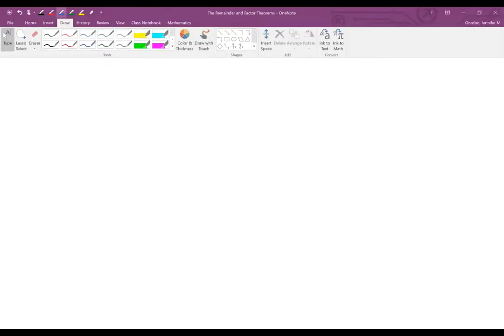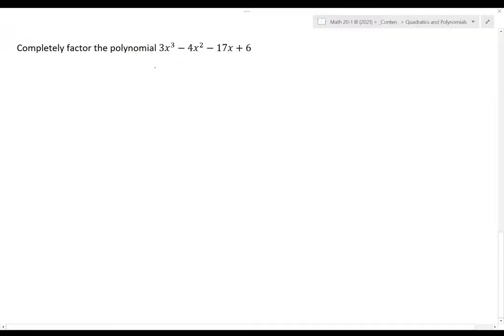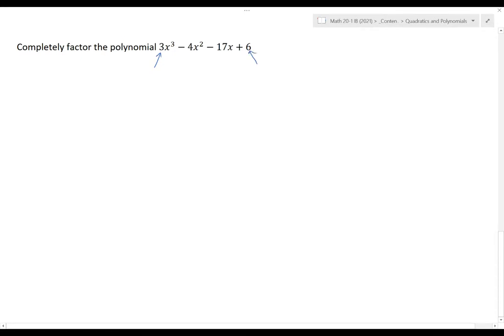The factor theorem says that if I do have a factor in the form ax minus b, that a has to be a factor of 3 and b has to be a factor of 6. Now, there have to be some negatives in here somewhere because I do end up with negatives in the polynomial. So I always have to consider negatives, but for consistency's sake, I'm going to assume that my a values are always going to be positive, and then the b values will be positive or negative as necessary.